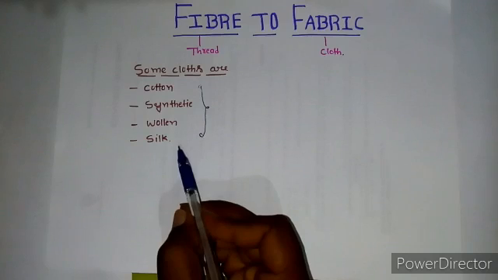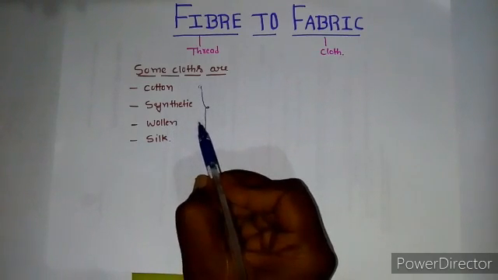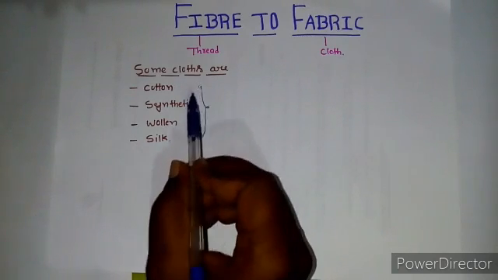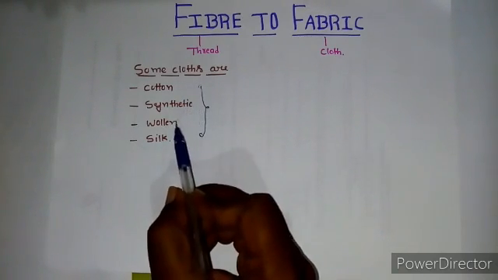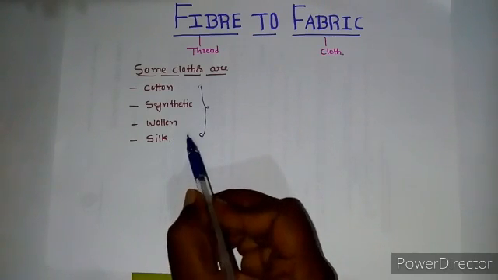Even your school bags or the gunny bags were made from some kind of fabric, right? Next, you should try to identify the fabrics, whether it is cotton, synthetic, woolen, or made from silk.